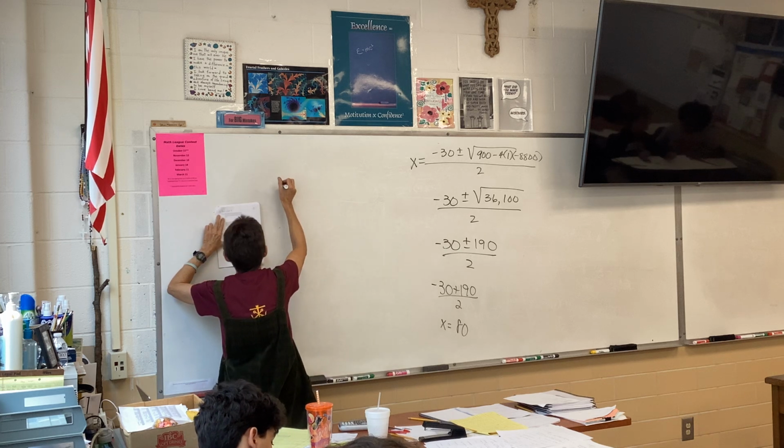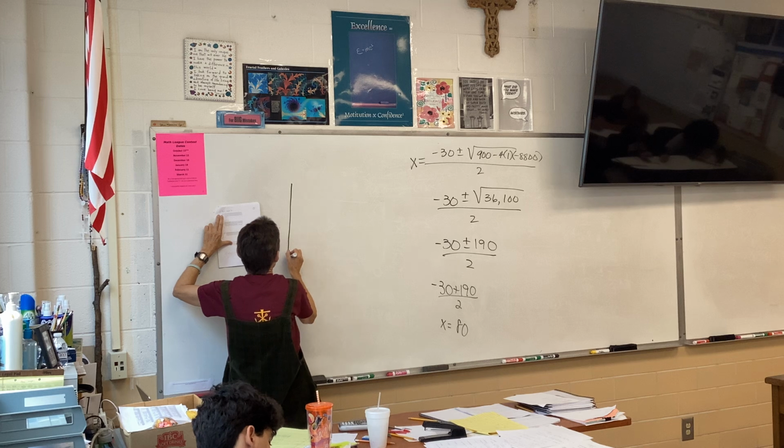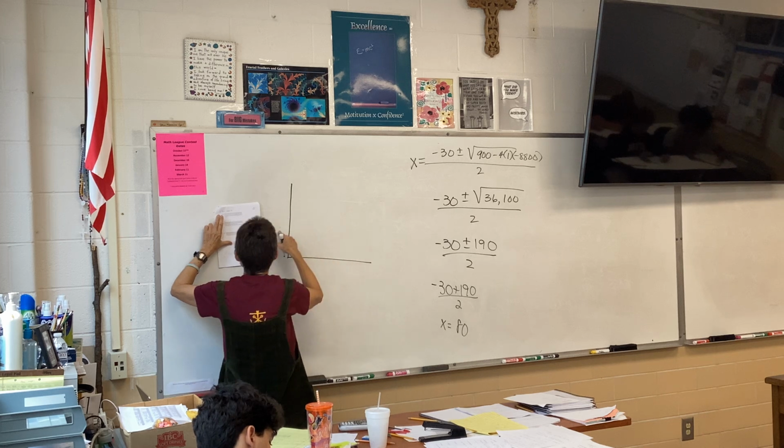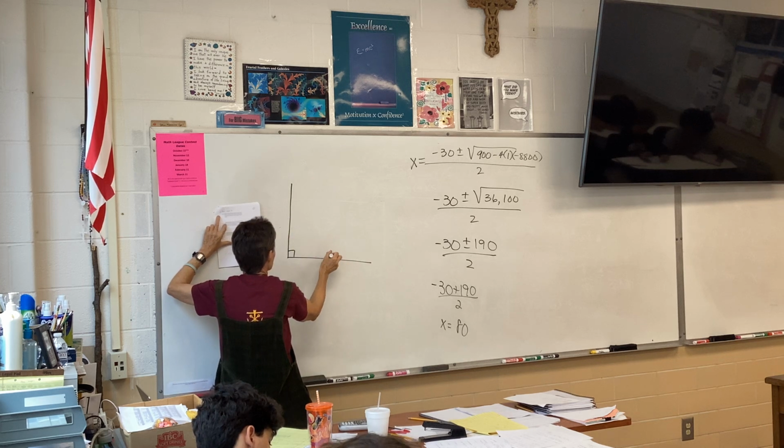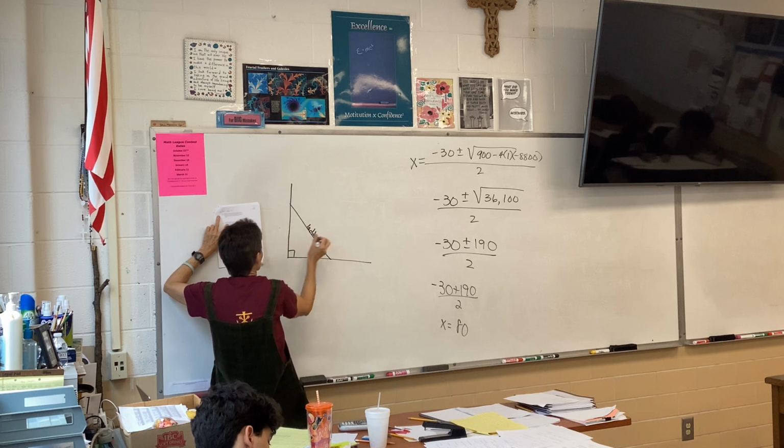Let's see, what does this picture look like? A ladder, 18 feet. Okay, so we have a building, and here's the ladder. How long is the ladder? 18.